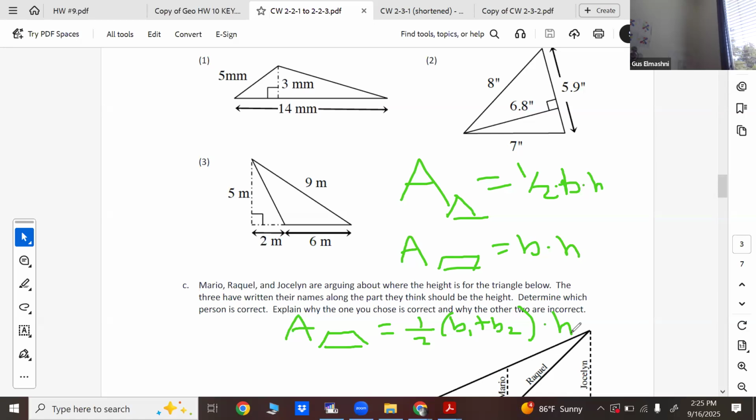Then A equals... No, just half of 14 times 3. If it helps, you can, but it's not necessary. You already have the height. Then 6.8, and then 5.